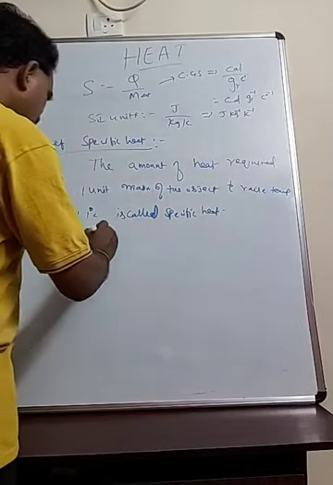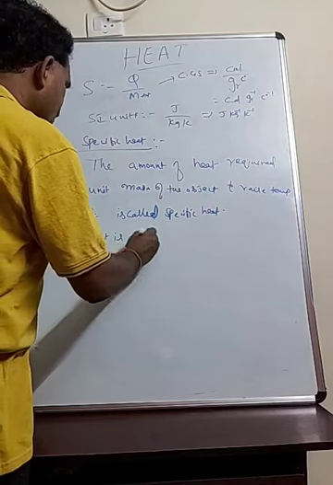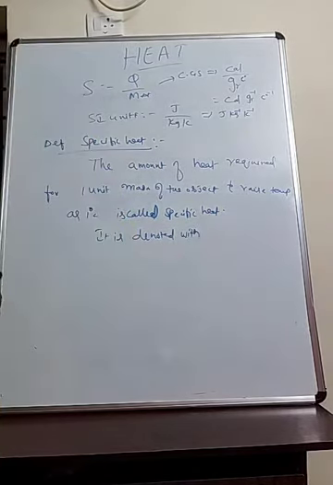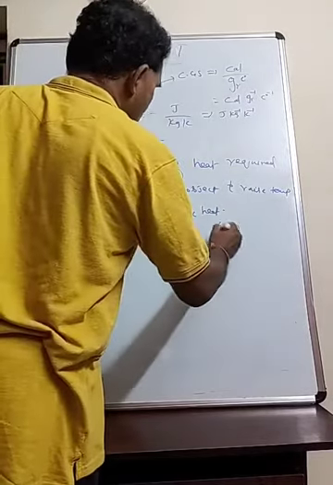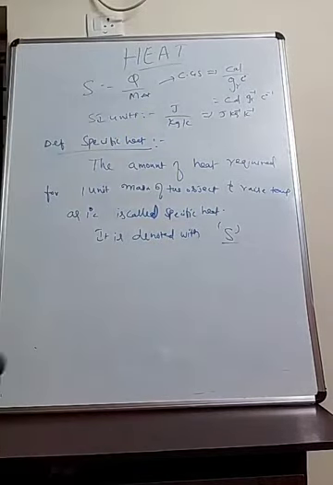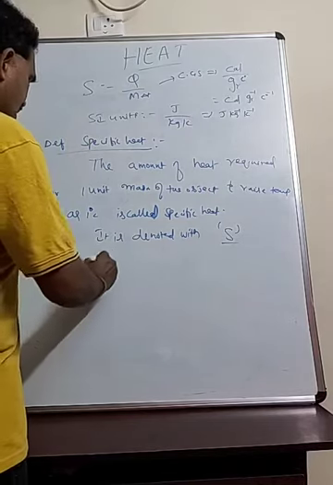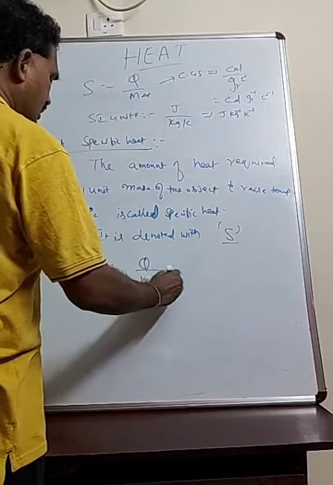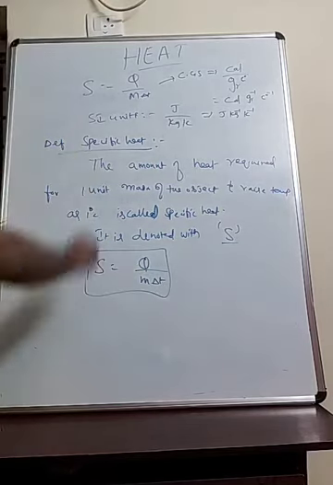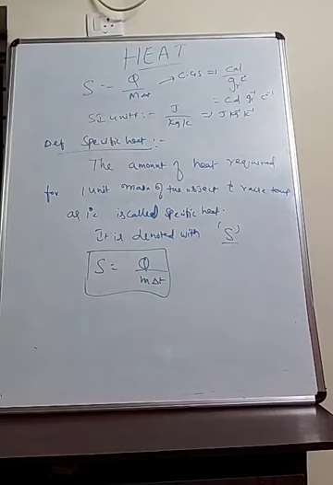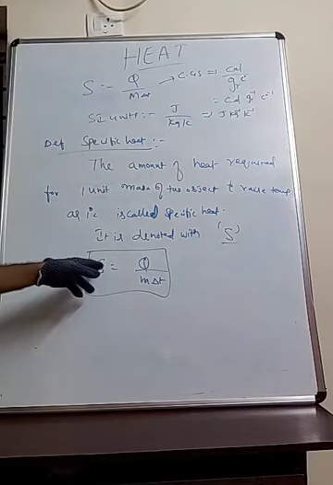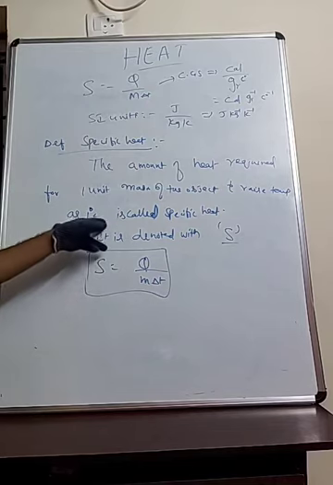It is denoted with S, specific heat, that's why S. We already derived the formula: S is equal to Q by M delta T. This is the formula for specific heat, and this is the definition.